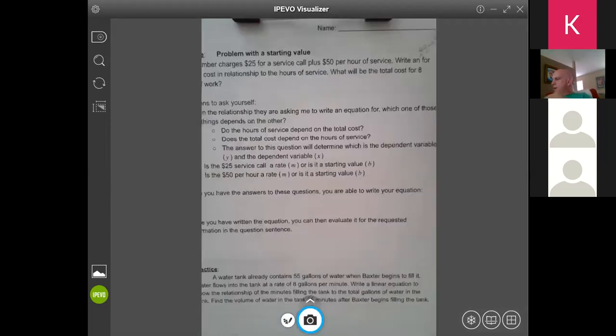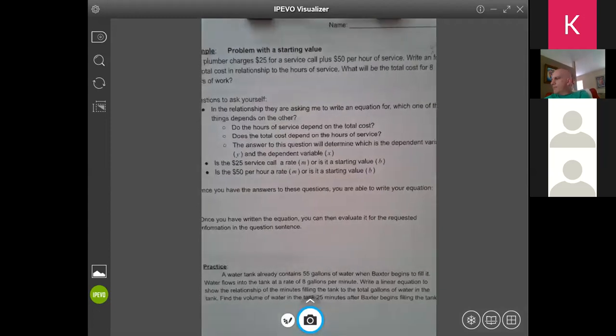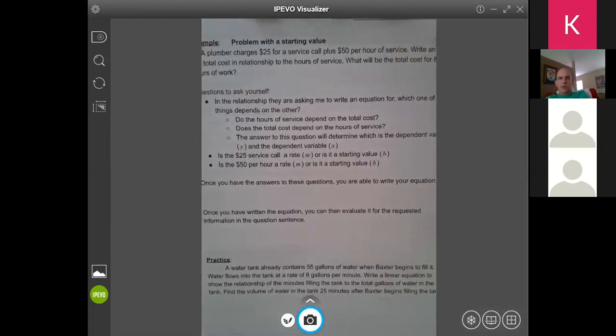All right, so write an equation for the total cost in relationship to the hours of service. And then it asks the question, what will be the total cost for 8 hours of work?